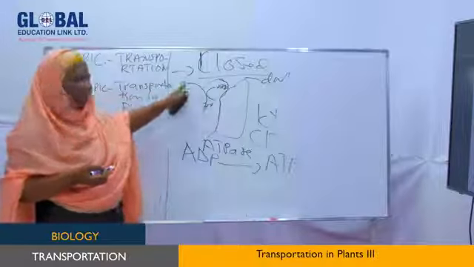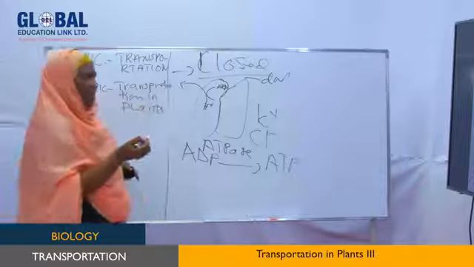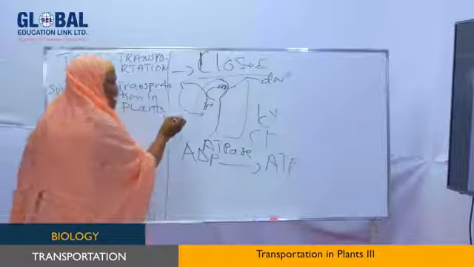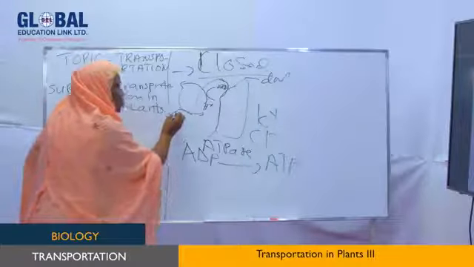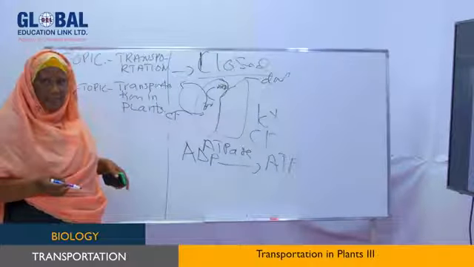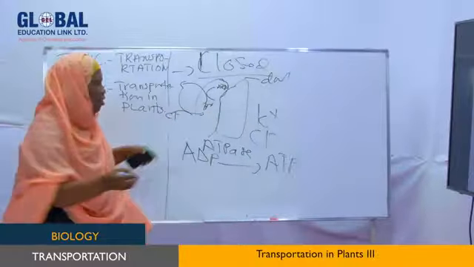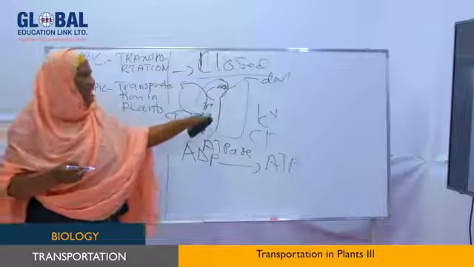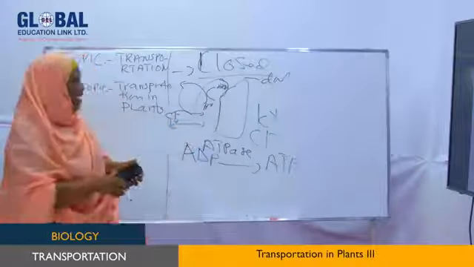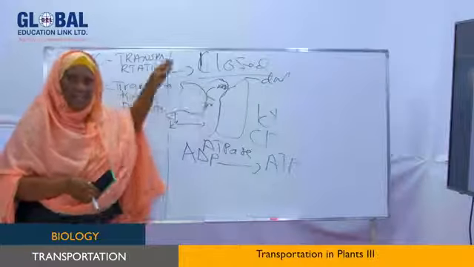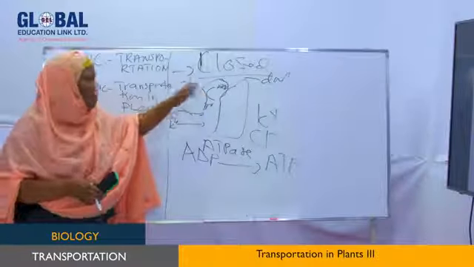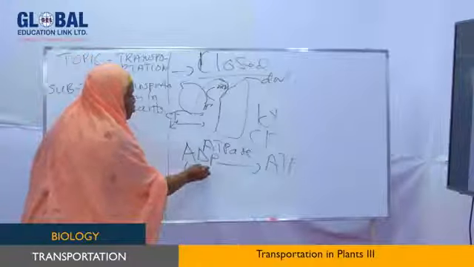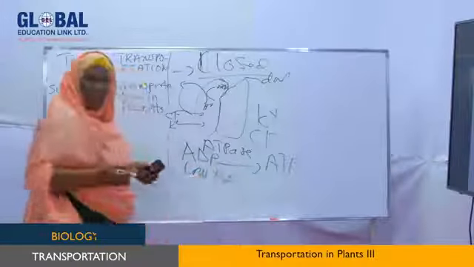When these ions go to other epidermal cells, they again enter by carrier protein together with another ion, that is chloride ions. When chloride ions enter there, also potassium ions from other epidermal cells enter the guard cells. The influx of these ions in guard cells makes the guard cells acquire low water potential.